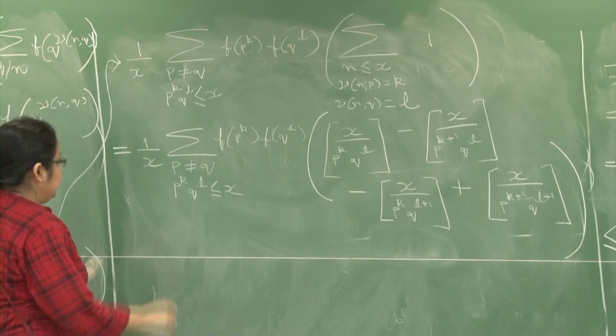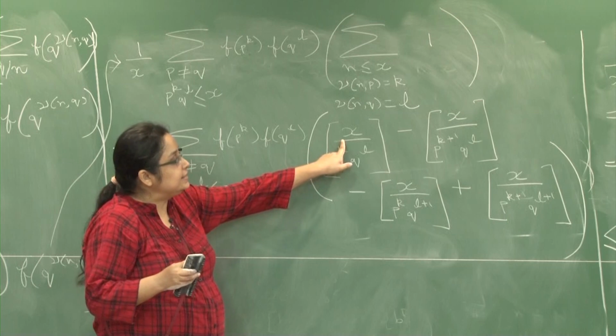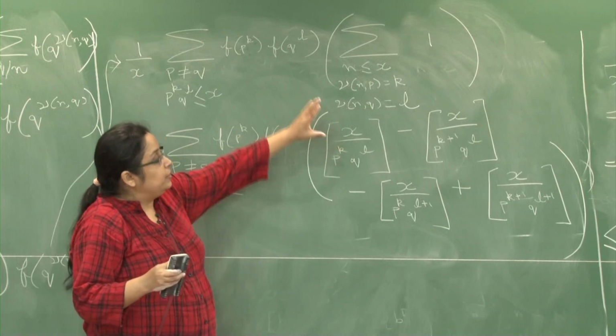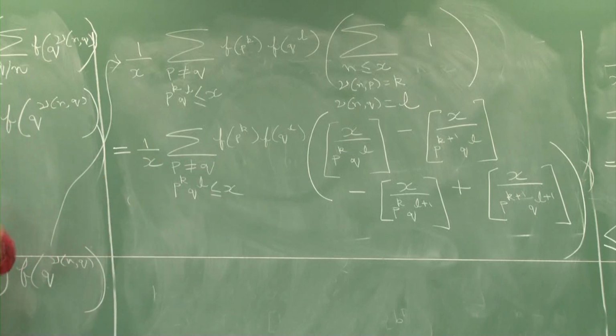Okay. Now, again, using the fact that greatest integer of a can be written as a minus its fractional part, where the fractional part is suitably bounded. Okay.